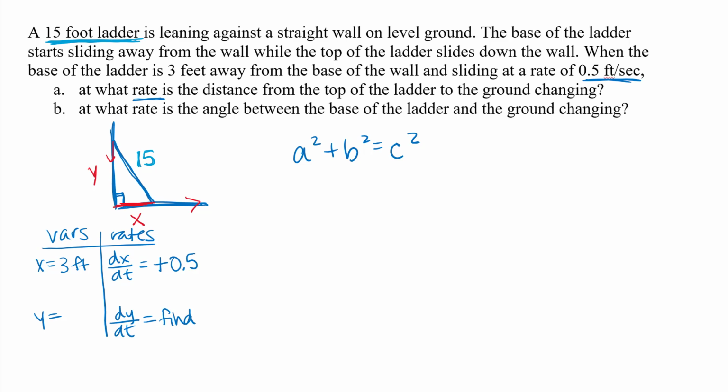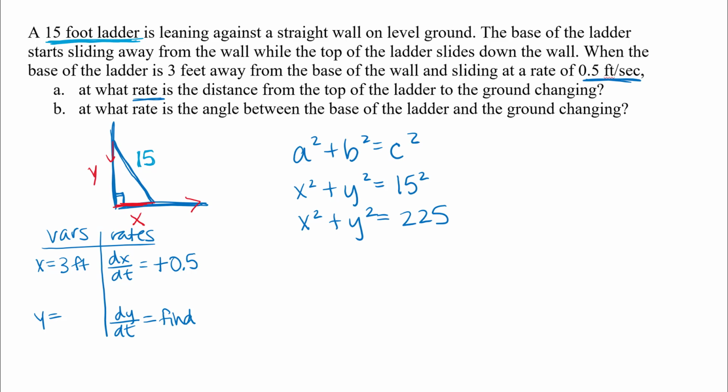Or if I use the variables and quantities in this problem, I would have x squared plus y squared equals 15 squared. And since that 15 squared is constant, not a variable, I might go ahead and just square that out. So x squared plus y squared equals 225.